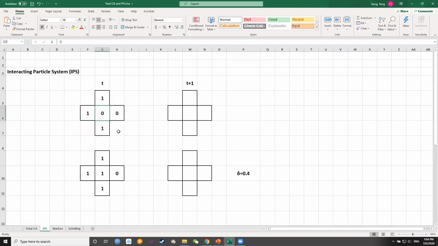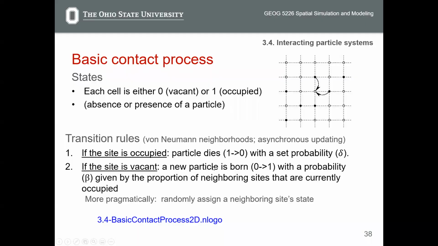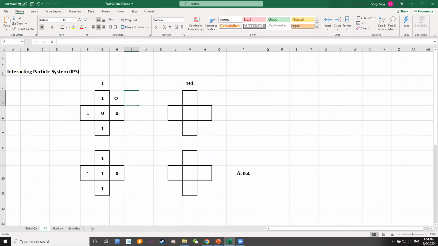At time t equals 0, how do we give birth to this cell? A new particle is born with a probability beta given by the proportion of neighboring sites that are currently occupied. So now we have four neighbors, and 3 of them are currently occupied.